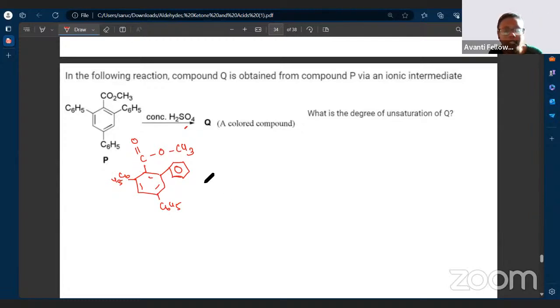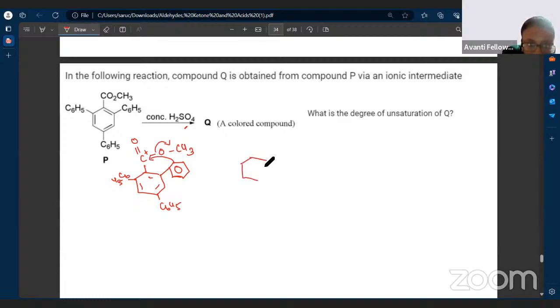What happens over here is a coupling reaction. This part will be completely removed to form a positive charge, so this carbon will go and attack over here.